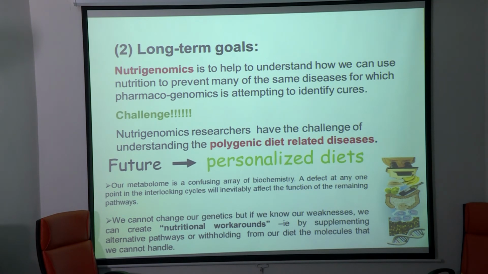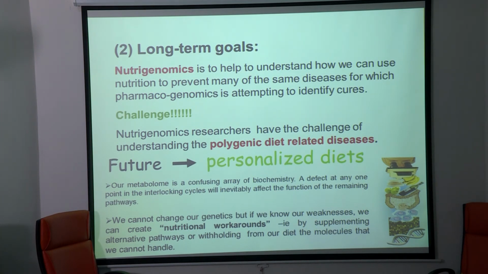That's the major challenge. Nutrigenomic researchers have the challenge to understand the polygenic diet trait. All these diseases like diabetes, cardiovascular diseases, obesity, arthritis, they are all polygenic. When a single gene is involved, you can easily alter it and make the difference. But these are all polygenic traits. So how does one move ahead with nutrigenomics with polygenic traits? That's the challenge.